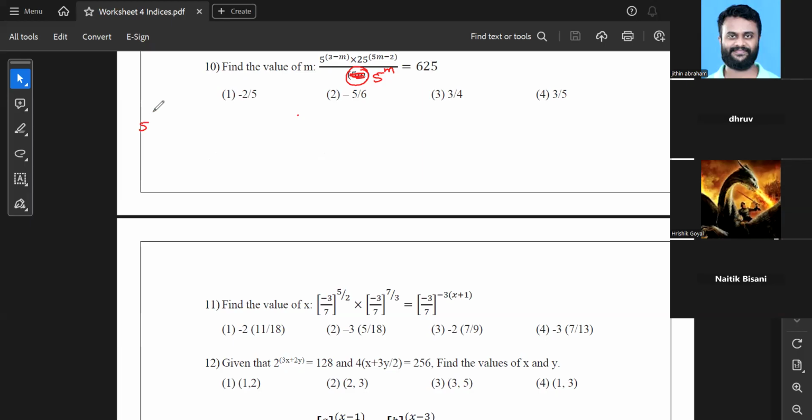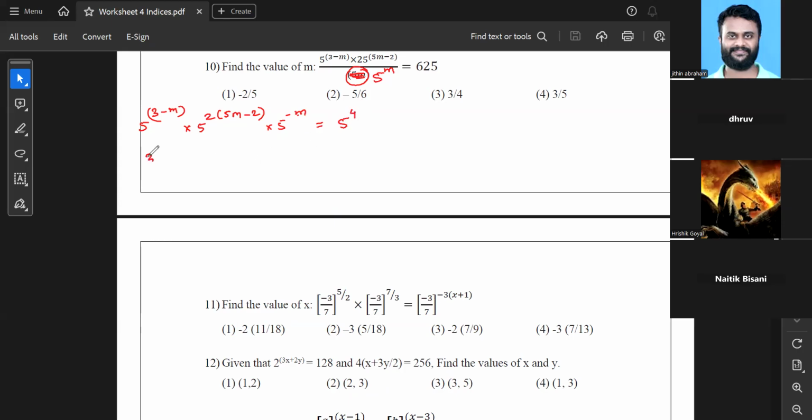So here I have 5 raised to 3 minus m. This 25 can be written as 5 raised to 2, multiplied by 5m minus 2, divided by 5 raised to m, which can be written as multiplied by 5 raised to minus m, is equal to 5 raised to 4.